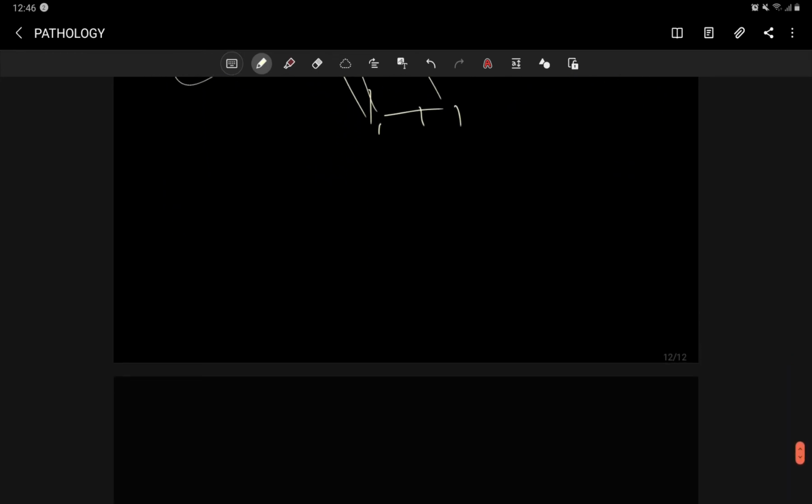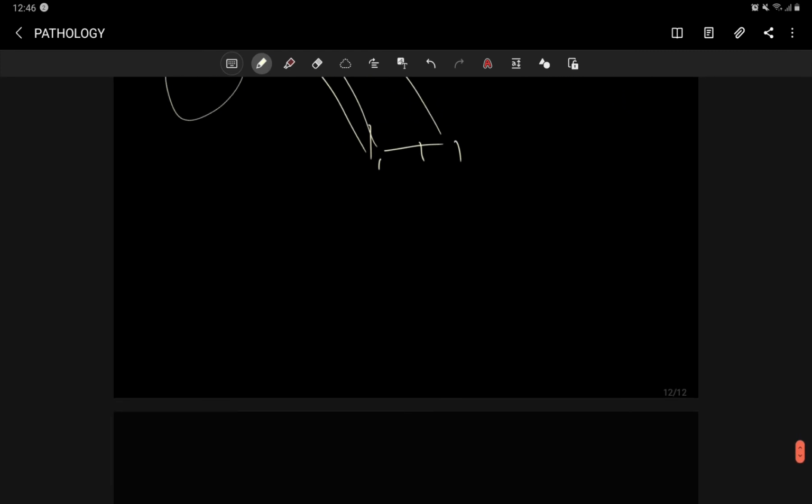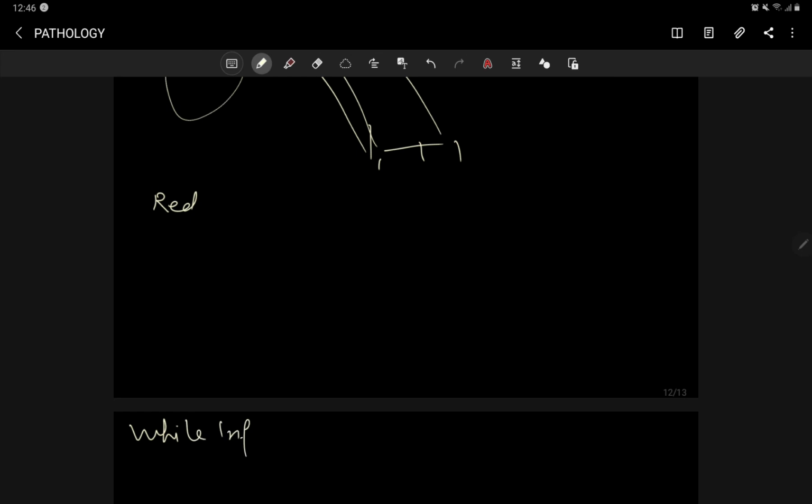In infarction there are two types. The first one is a red infarct, and the second one is a white infarct. What is a red infarct? In a red infarct, there is a blockage of the venous system, the venous blood.